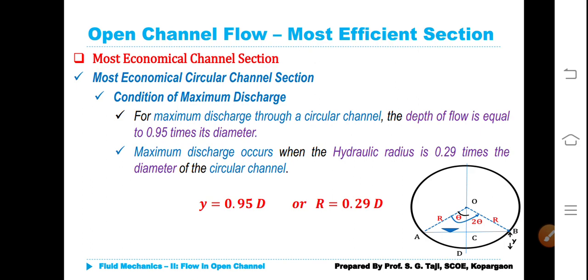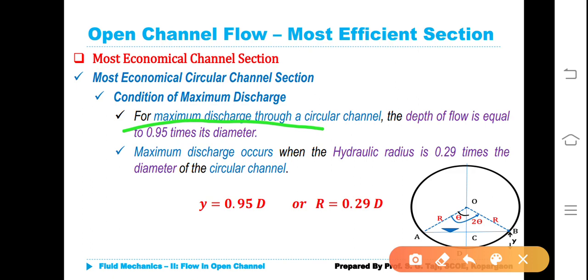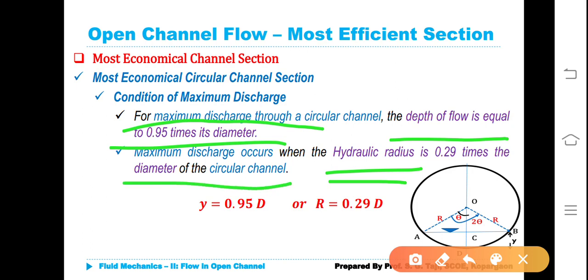Most economical circular channel section with respect to maximum discharge. For maximum discharge through a circular channel, the condition is the depth of flow is equal to 0.9 times its diameter, or maximum discharge occurs when the hydraulic radius R is 0.29 times the diameter of the circular channel.